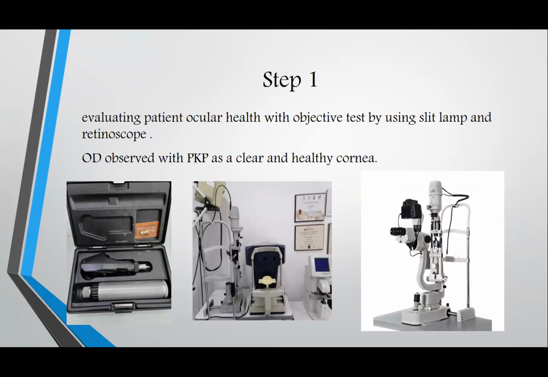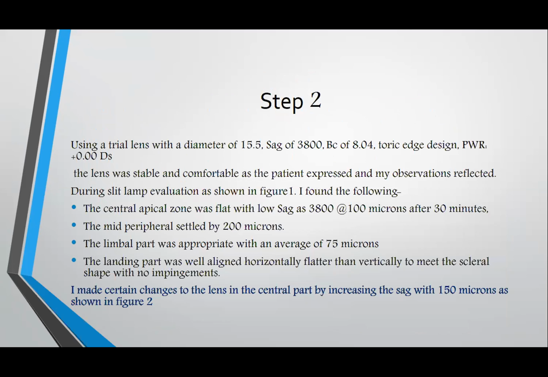After I evaluated the patient objectively, I started to use my diagnostic lens with a diameter of 15.5, a sag of 3800, and a base curve of 8.04 with a Torque H design. The lens trial set was plano power.